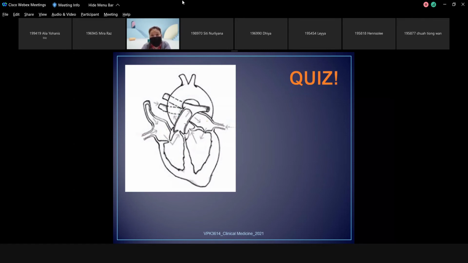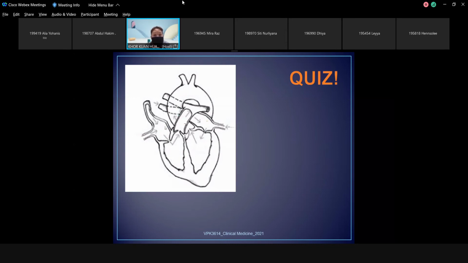Okay. Then this chamber? Left atrium. Okay. Blood will go into the left lower chamber. Ventricle. Okay. Then blood straight away will go to the main aorta.